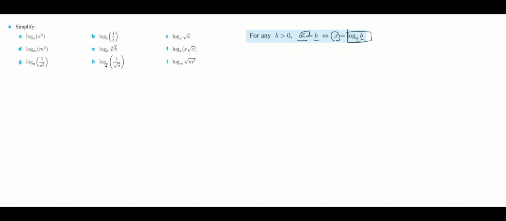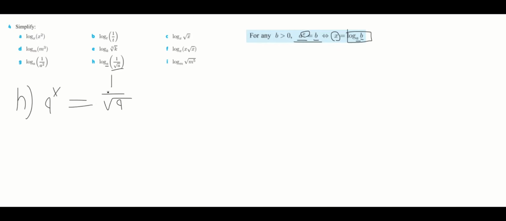Okay, so now we're doing h. So h, a is again a, and b is 1 over square root a. So we're going to write the h question. So then we're going to write a to the power of x, because we're writing it in this format, equals 1 over square root a. Awesome.